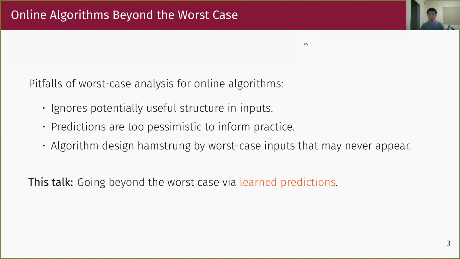This talk will take a slightly different direction from these approaches and look at augmenting online algorithms with learned predictions. This has been a recent area that has received quite a lot of attention in the past couple of years. And we will continue the exploration of this area by looking at algorithms for the specific problem of learning augmented online caching.